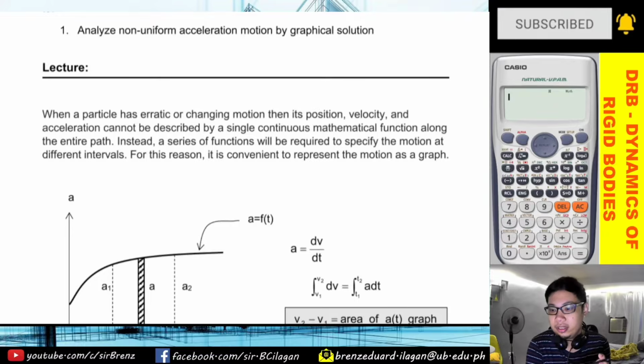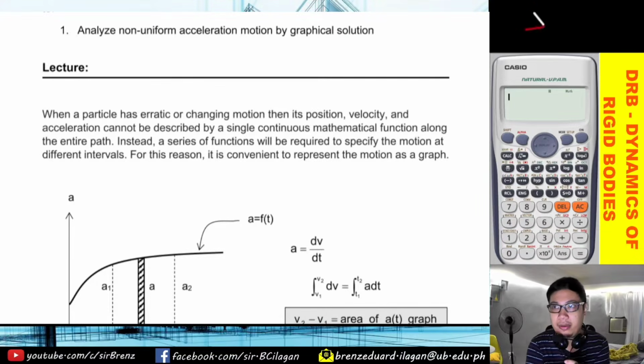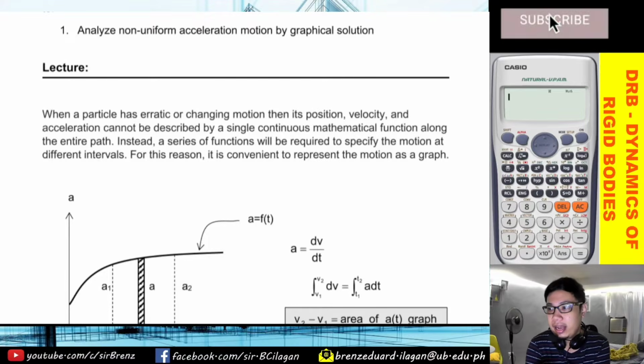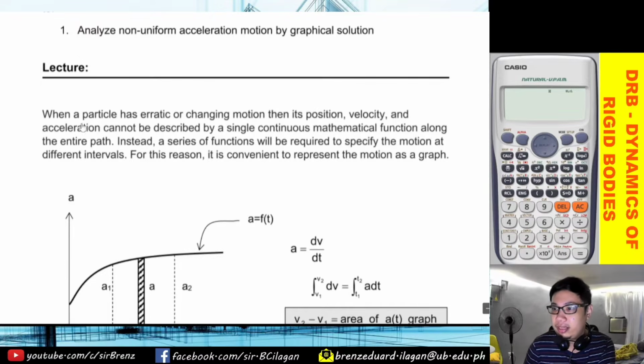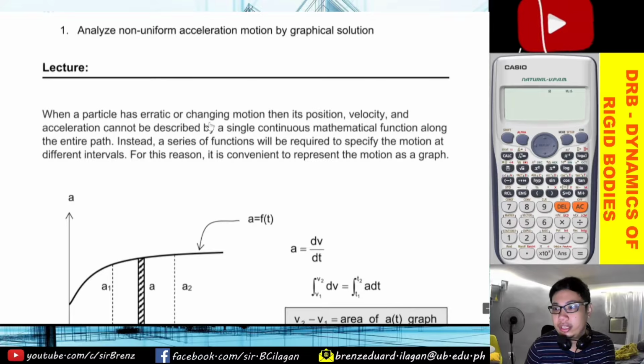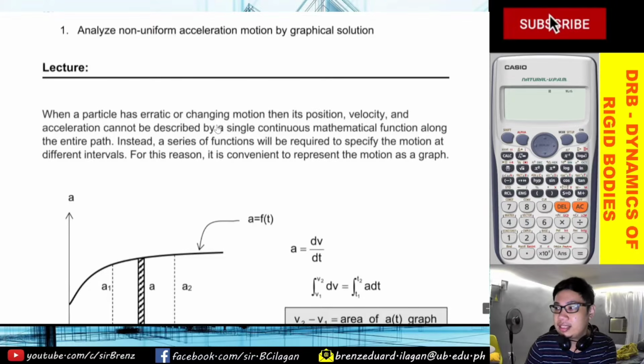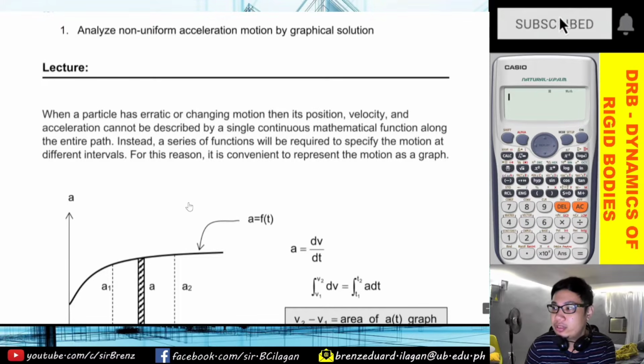And then, yung sumunod na time, walang acceleration. Tapos, do sa last, magkaaroon ka ng deceleration. So, kapag ganun daw, guys, yung mga problem, when the particle has a changing motion, it is better to represent that as a graph. So, dyan papasok yung motion graph natin. Okay?